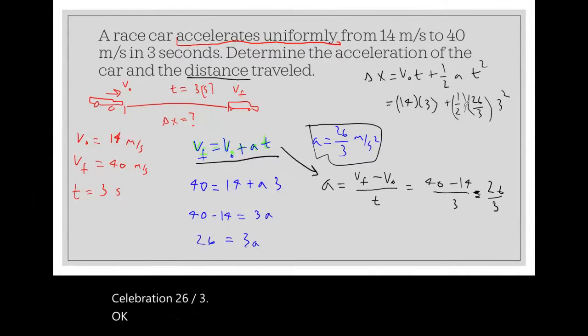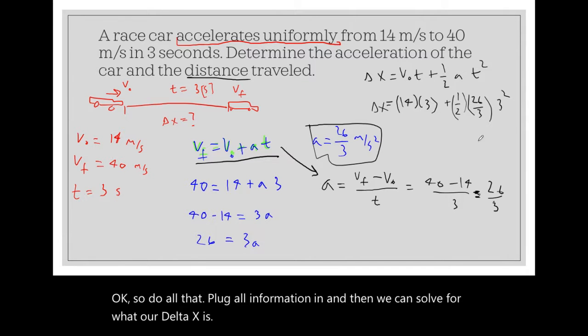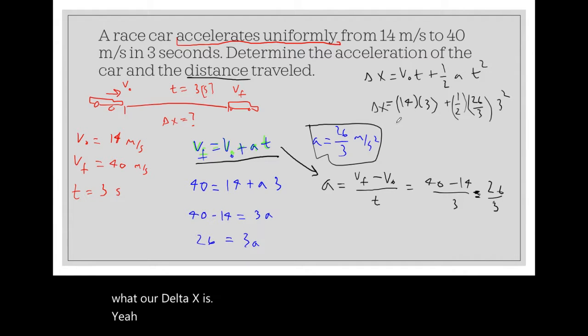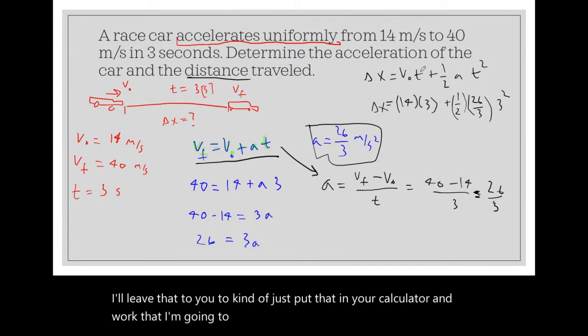Plug all that information in, and then we can solve for what our delta x is. I'll leave that to you to put in your calculator and work out. I'm going to go ahead and move on to the next slide.